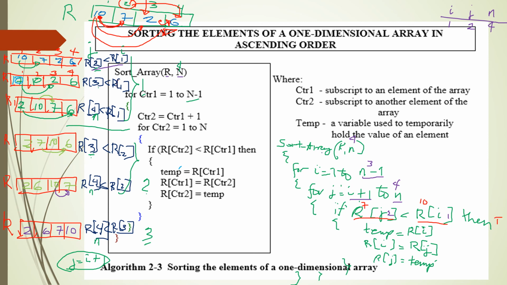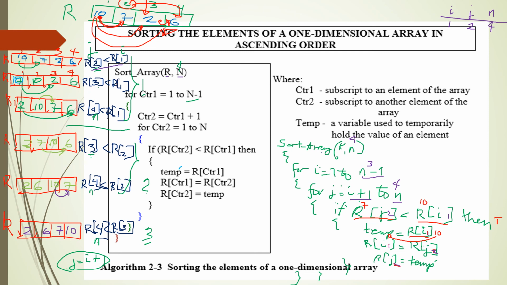So, if it is true, R sub I, remember our I is 1. Okay, palitan muna natin yung mga I. J is 2. Okay. So, R sub 1, we are referring to 10. Okay. 10 will be assigned to temp.